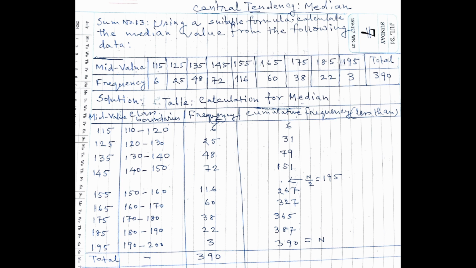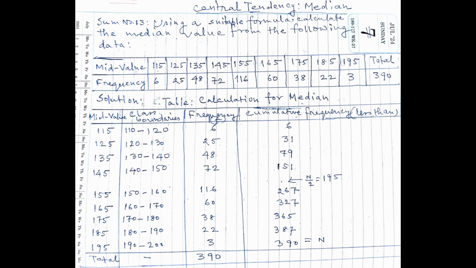So total of class frequency 390. Here we need this figure's total only, no other figure total is required. And another thing is, we want to calculate the median, that is why n by 2 is required. N by 2 is equal to 195.